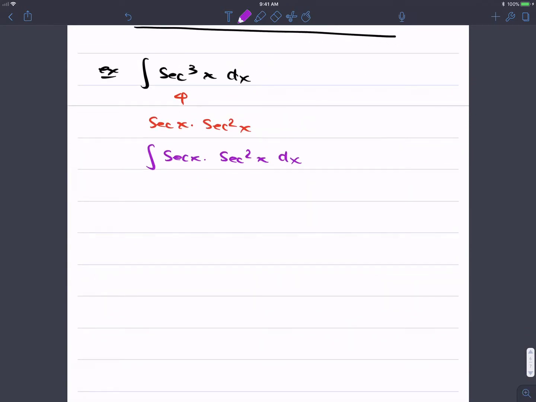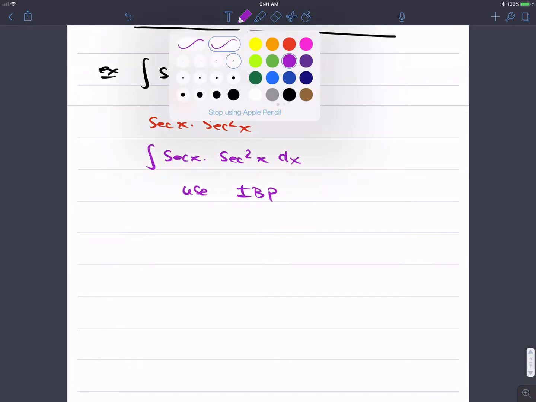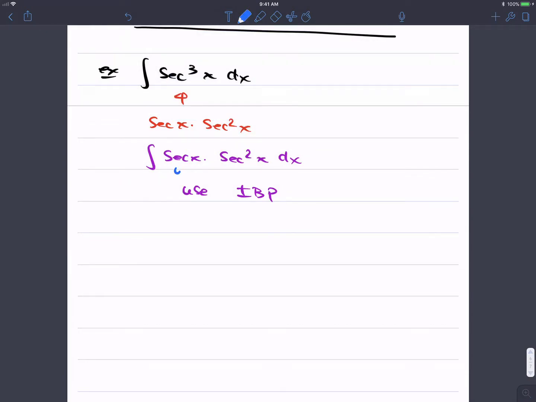Now how we integrate secant cubed here is we're going to use integration by parts. For integration by parts, we're going to let u be, so let's change this here. This is going to be my u, and this whole thing will be my dv. So that u becomes secant x, and dv will be secant squared x dx by integration by parts.